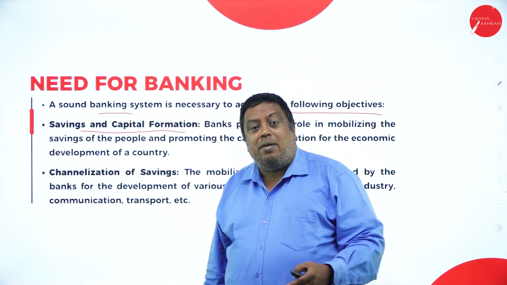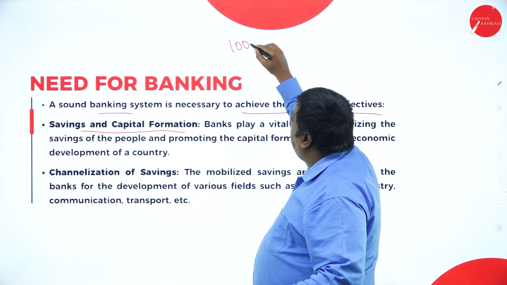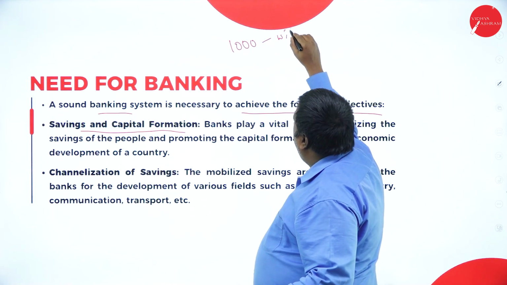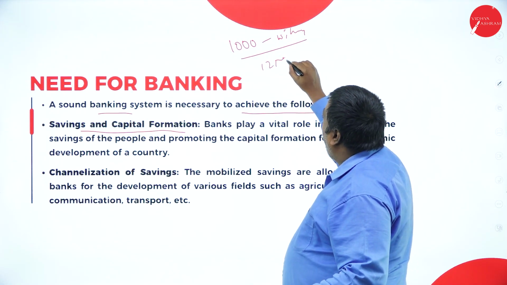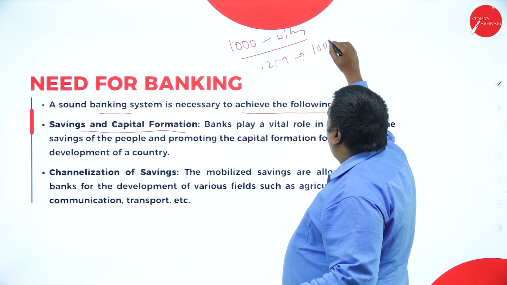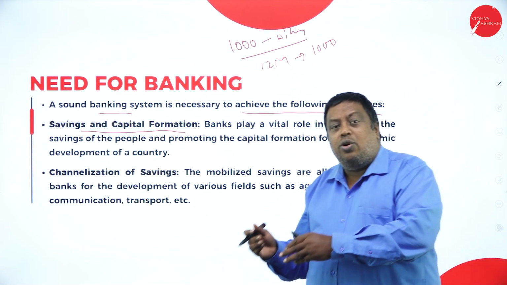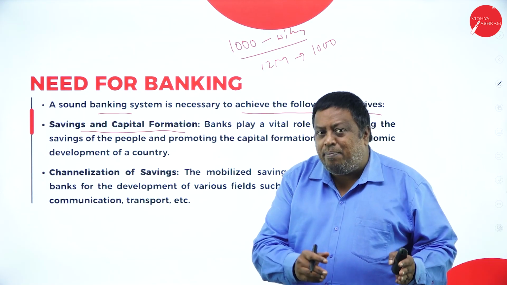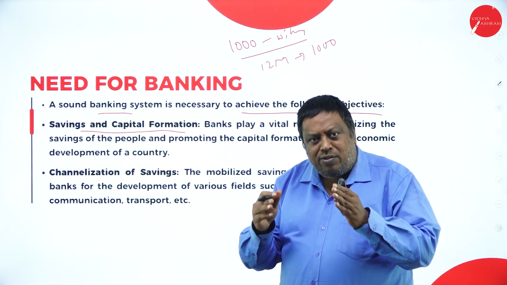They guided the public. If you have 1,000 rupees with you, and you keep it in your house for 12 months, after 12 months it will be 1,000 only. They're saying that if I store that amount in my piggy bank, after 12 months it will be 1,000 only.